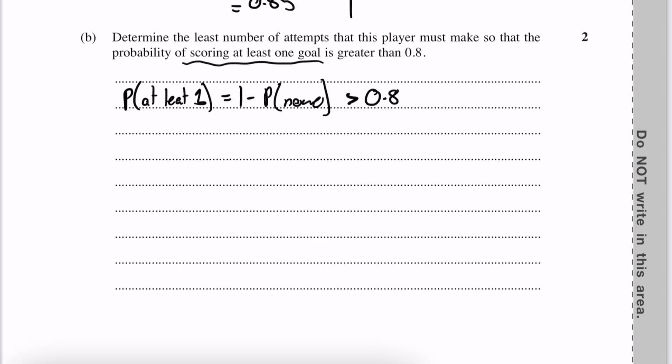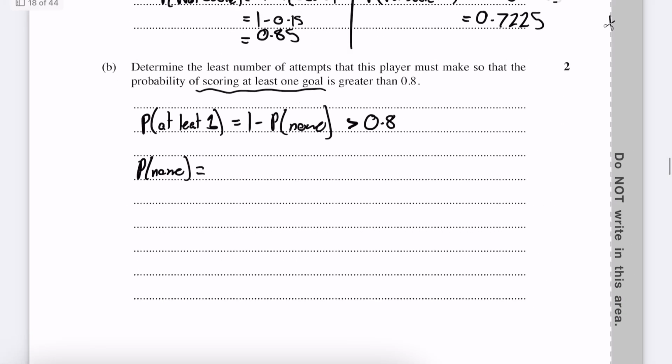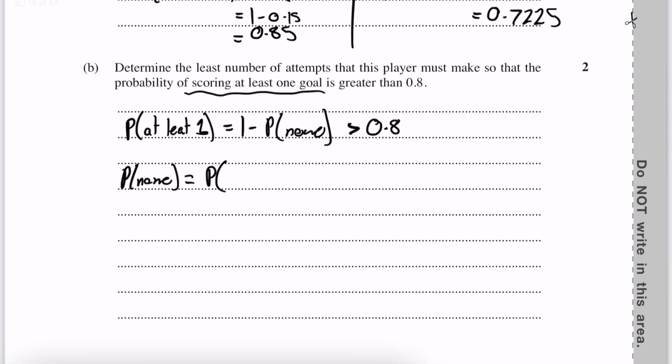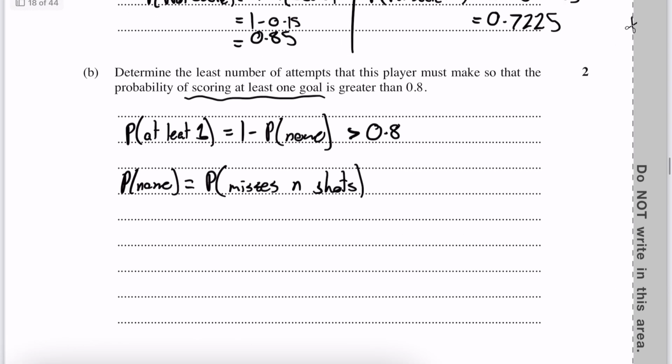For a player to not score any of their n attempts, that probability of none is equal to the probability that the player misses n shots, which is equal to 0.85, because that's the probability that the player misses a shot, to the power of n.